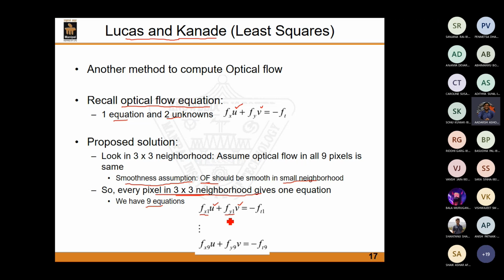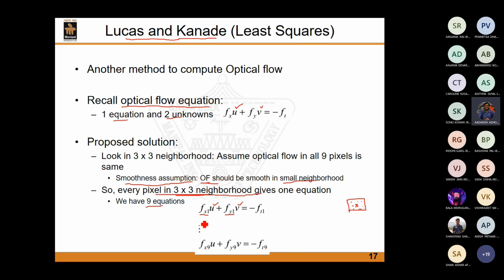That is being assumed. So fx is not uniform throughout; you'll have different values of fx and fy for each pixel being considered. A 3 by 3 neighborhood means you have a center pixel over here, and then you have 1, 2, 3, 4, 5, 6 and 7, 8, 9.